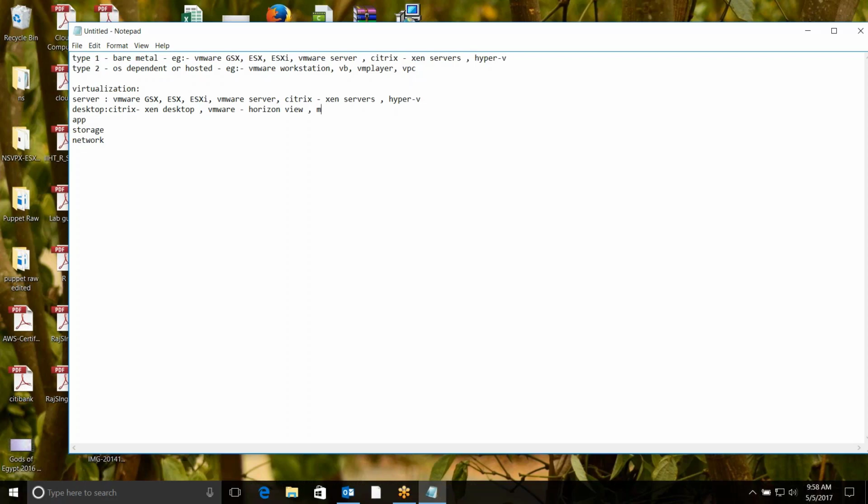Microsoft has MED-V. MED-V is not used nowadays; it was in use when we were working with Windows XP or Windows NT. At that point of time Microsoft MED-V was in use, but nowadays it is not used anymore.